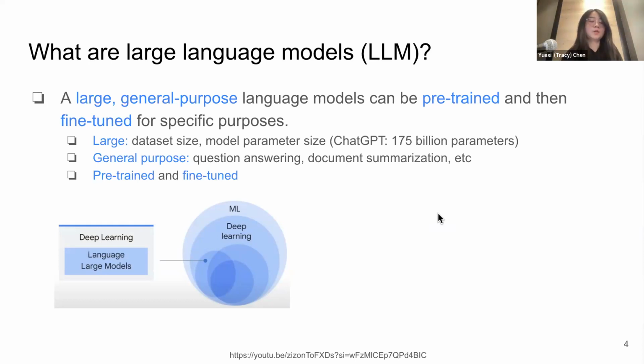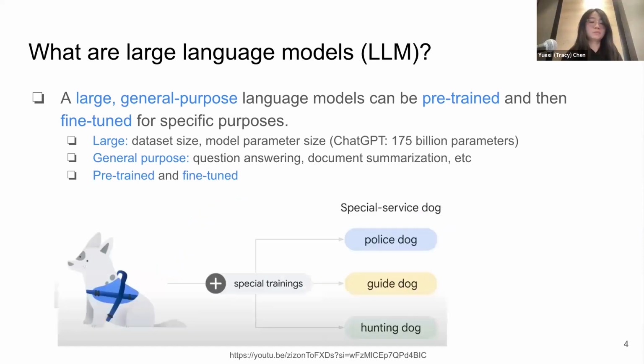And a lot of models are pre-trained and fine-tuned. So what do those 2 words mean? Here, I want to make an analogy with dog training. Suppose you got a dog and you can teach the dog some basic instructions like sit and come. This is called pre-training.